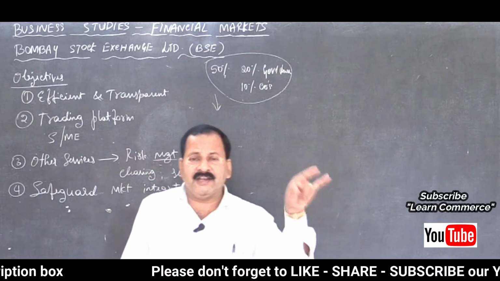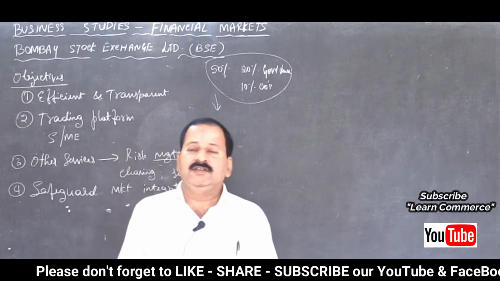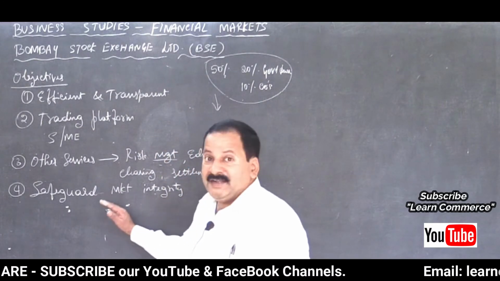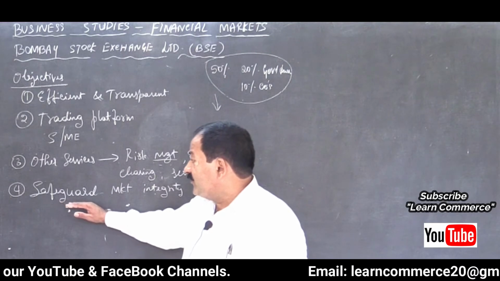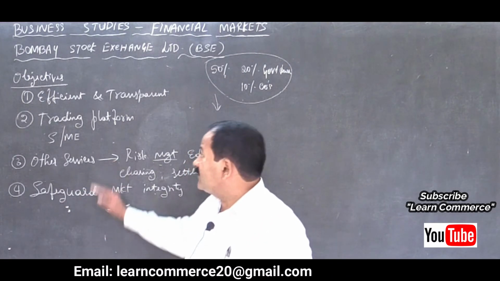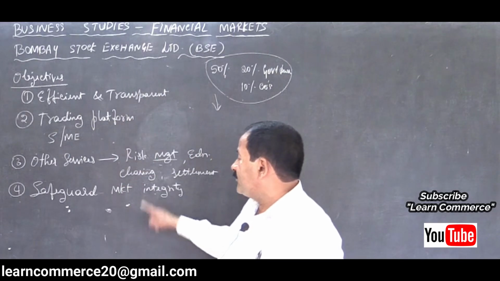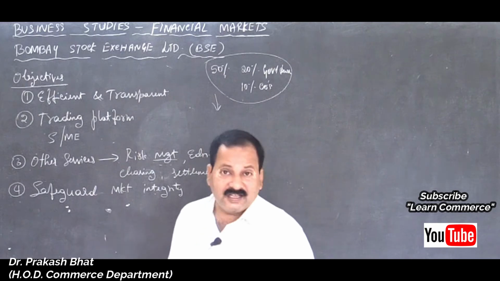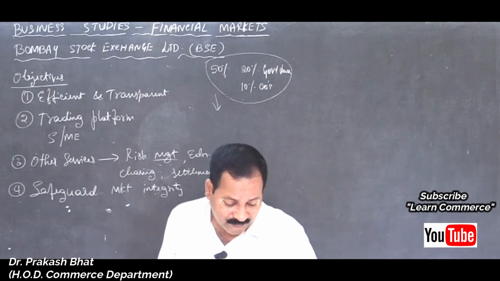Do you enter that hotel again? No, never. In the same way, here the market integrity should be maintained so that the investors' interest is safeguarded. For that reason, to safeguard the interest of the investors by creating market integrity, the BSE has been established.